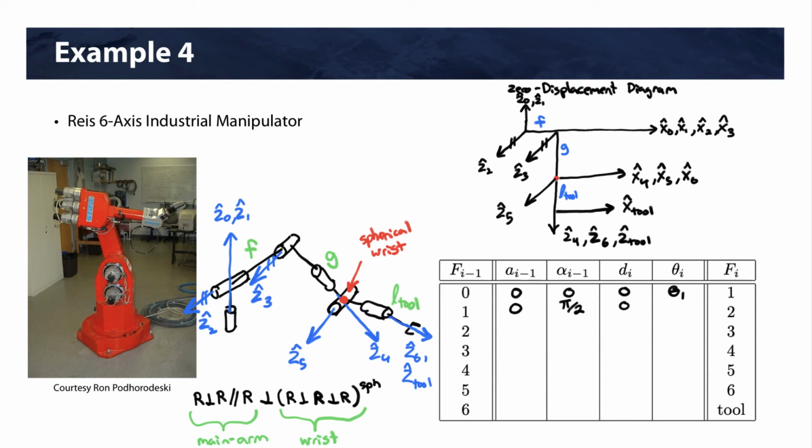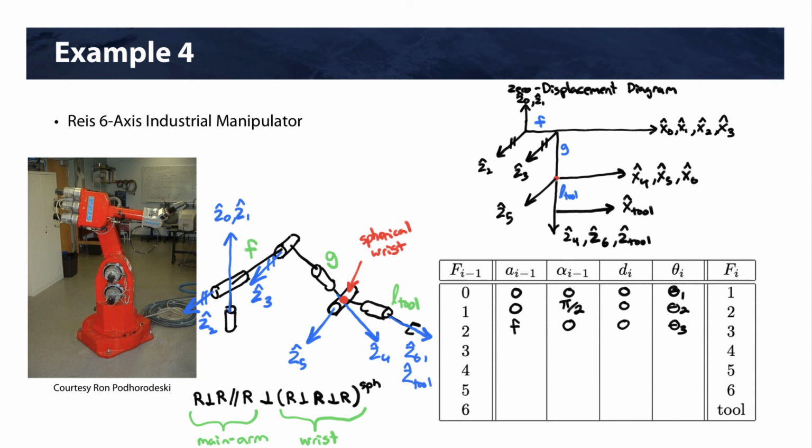So that's 0. And then we have our second joint variable, theta 2. All right. Between 2 and 3, there is a distance between z's measured along x. That's going to be f. They are parallel, so we know alpha is going to be 0. All right, there's no distance between x's, so that's 0. And then we have theta 3.